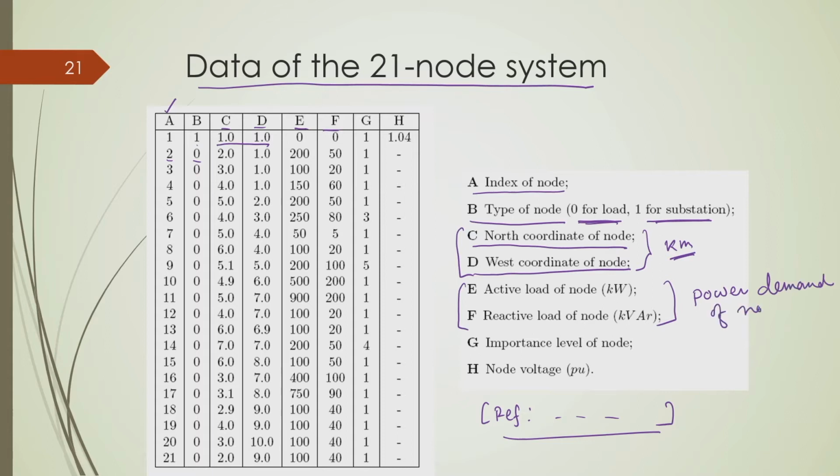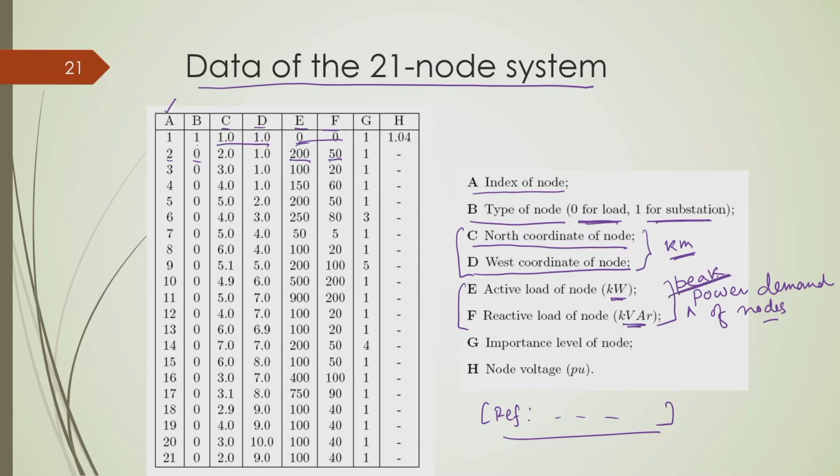So, you can see that since node 1 is the substation, or the slack bus or slack node, the power demand is written as 0 0, but all other nodes have some finite power demand. For example, node 2 has 200 kilowatt of active power demand and 50 kVAr of reactive power demand. But remember, this is a planning problem, and this kilowatt and kVAr basically represent the peak load demand.